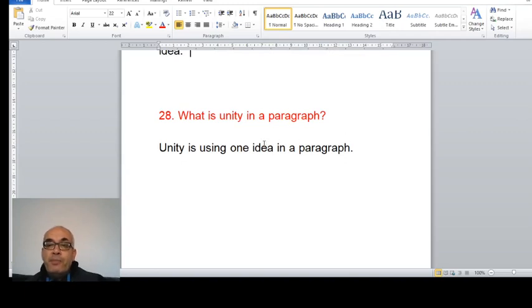What is unity in a paragraph? Unity is using one idea in a paragraph. So if I say, John is a student of English, this is the topic sentence. I start the paragraph like this. John is a student of English. First, he attends all his lessons. Second, he writes his homework and he prepares for his exams.